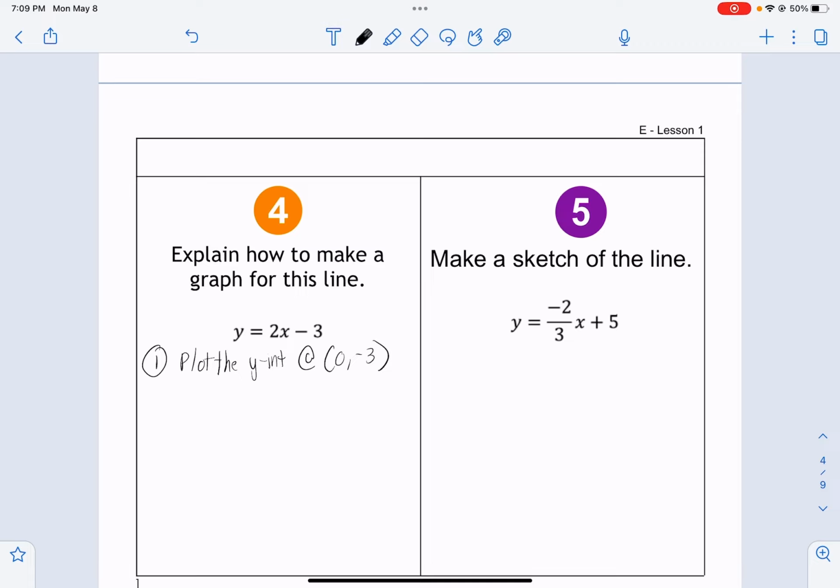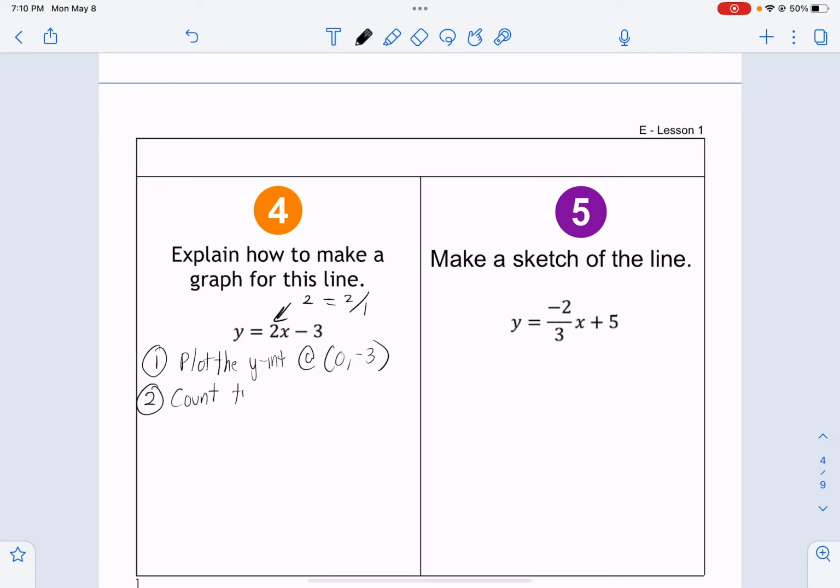Once we have that y-intercept plotted, we then can count squares based on the rise and run. Our rise and run here is 2, which is really 2 over 1, which means every time we go up by 2, we're going to go over by 1.